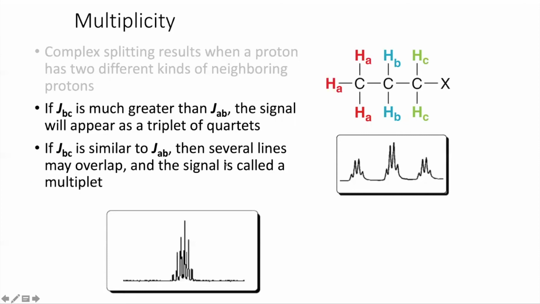If, however, the J value for BC is much greater than AB, then the signal will appear as a triplet of quartets. But more typically what happens, the J value for BC is very similar to the J value for AB, and what that gives you is kind of a mixture of quartet and triplet, like this multiplet that's very confusing, but that tells you that there's protons on both sides that are splitting it a little differently.